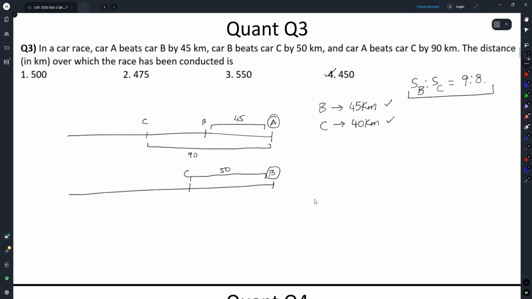So from the start of the race to the end of the race, purely in ratio terms, the difference in distance traveled by them will be 1, and that is given to me as 50 kilometers. 1 unit of ratio is equal to 50 kilometers. So C would have covered a distance of 400 kilometers by then. B would have covered a distance of 450 kilometers by then. Or the length of the race is 450 kilometers in total.